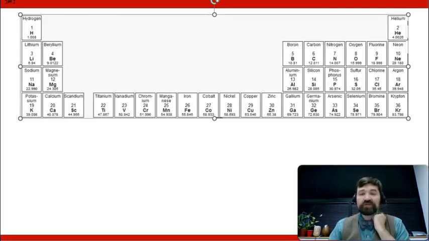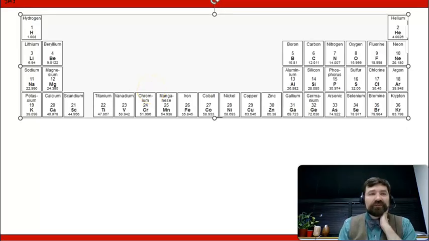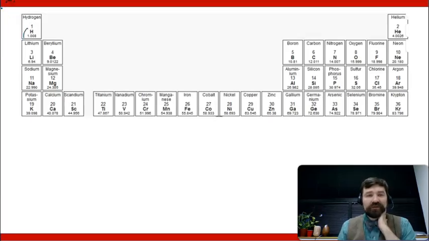So for example, here is a portion of the periodic table, just a small portion, but a portion nonetheless. If I were to pick one of these elements at random, maybe hydrogen, you see that there is a number below the symbol.